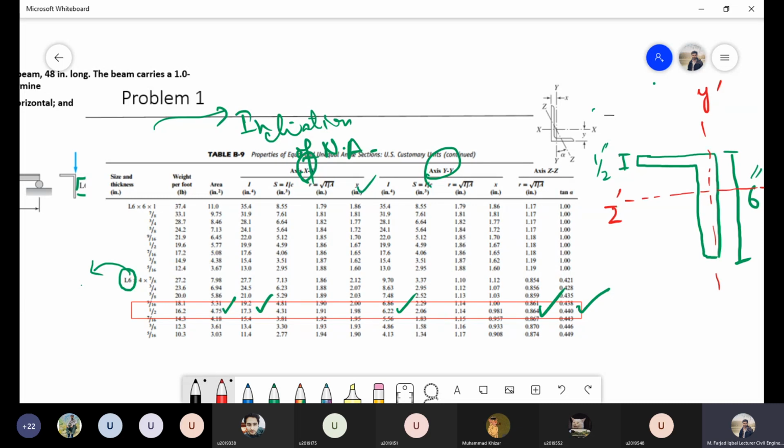So can anyone tell me what will be this distance? What will be this top height or this vertical distance, looking into this section table? 3 inches.